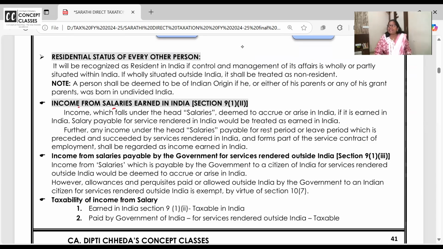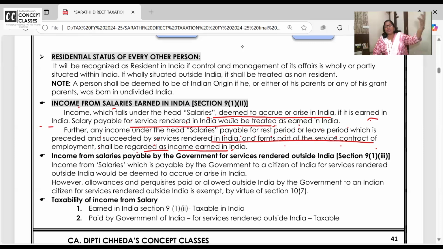Income from salaries earned in India. If the salary is deemed to accrue or arise in India, it is earned in India, even if it is payable and earned in India or outside, anywhere. Any salary payable for a leave period which is preceded and succeeded by service and forms part of it shall be recorded as income earned in India, like arrears of salary and past salary.